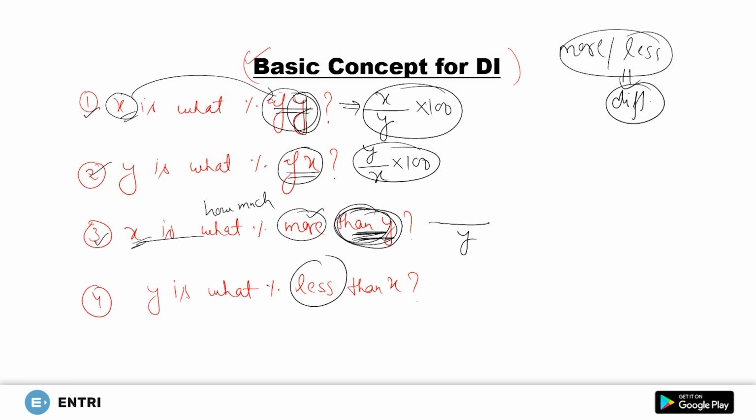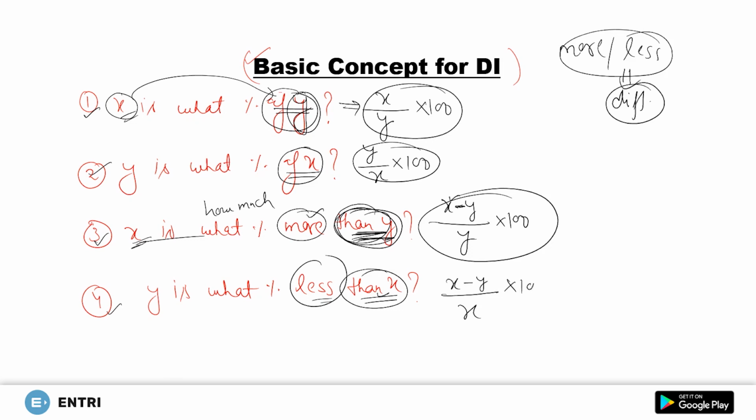So here the difference of X and Y is X minus Y, because X is more than Y. So we are subtracting Y from X. Then it is X minus Y upon Y into 100. Now move to the next one. Y is what percent less than X? Comparing with X, X will be in the denominator. Now Y is less than X, so the difference of X and Y is X minus Y. So it is X minus Y upon X into 100. So these four statements you need to know before you start DI.